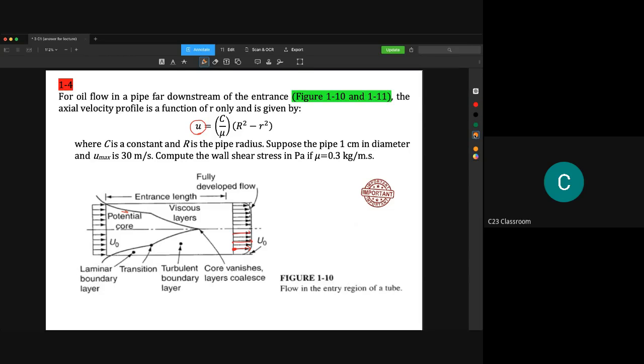If we enlarge this section, we could say that actually the velocity distribution is like this.